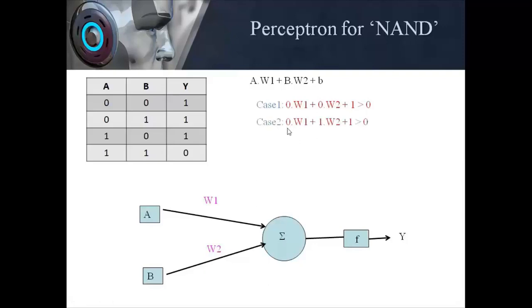Similarly, for the second case, when my input A is not contributing, my weight W2 plus 1 should give me a value greater than 0, again a positive value to get the output as 1. In the third case, my input B is not contributing but my input A is, with the weight W1, so the equation reduces to W1 plus 1, which should be greater than 0, positive.